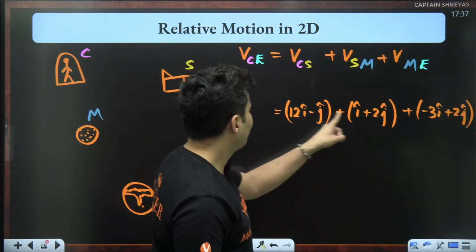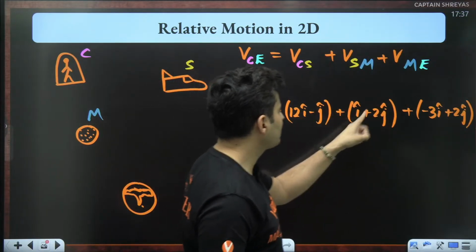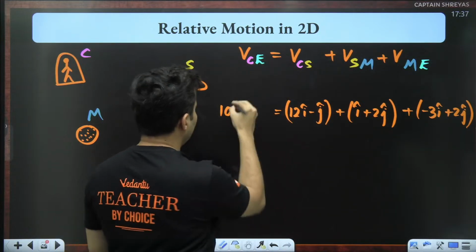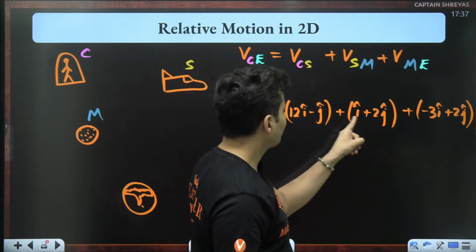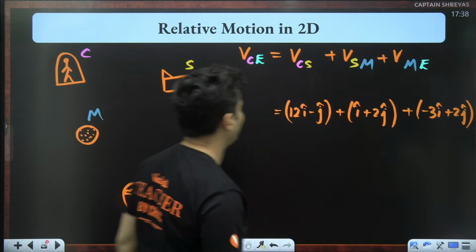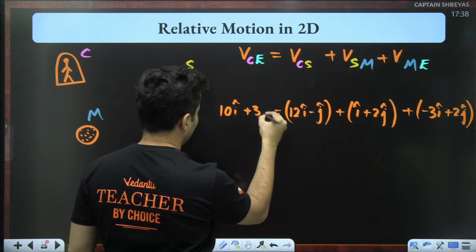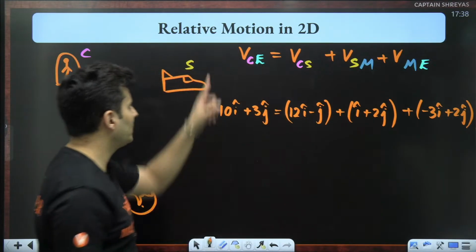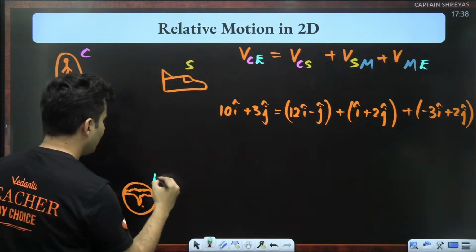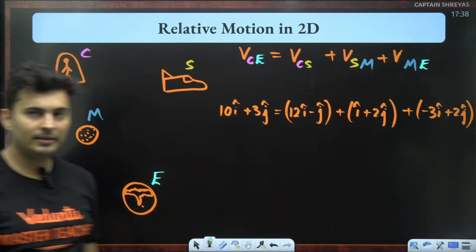Well, 12 plus 1 is 13. 13 minus 3 is 10. So here I'll get 10 i cap. And over here, minus j, 2j and 2j will become 4j. 4 minus 1 is basically 3. So plus 3 j cap. So that is the velocity of Champa with respect to the earth. That's how you go about it.